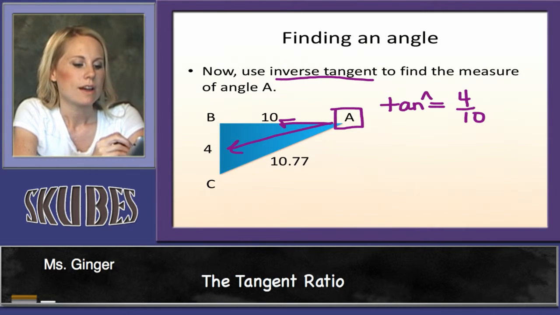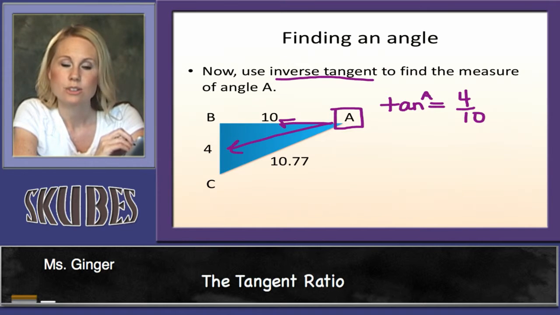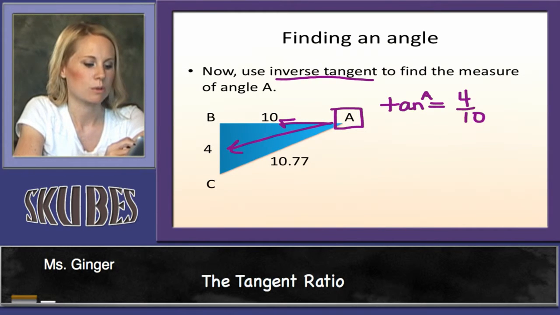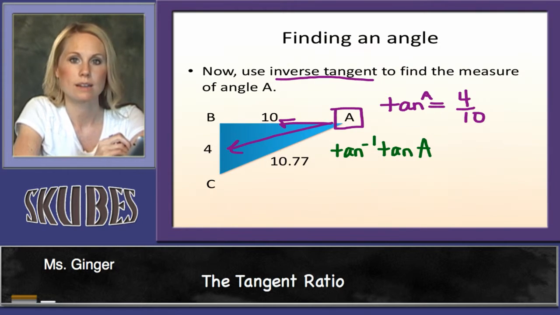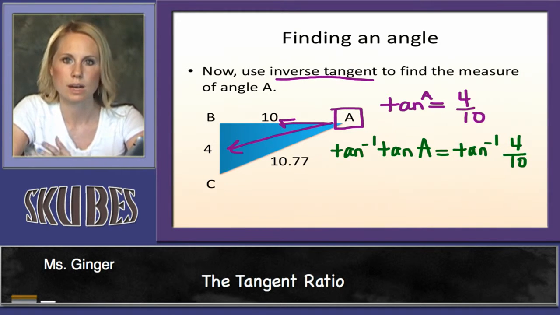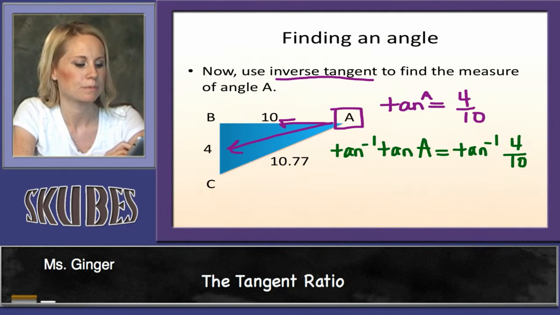So if I needed to know just the measure of A, I would need to isolate A and get A by itself in this equation here. So the way you want to do that is to use inverse tan, like we mentioned. The tan inverse operation is going to sort of undo that tan operation for you to get A all alone. So you want to use that on both sides because that's what we do in equations. We're always going to do the same thing to both sides, whatever operation we decide.